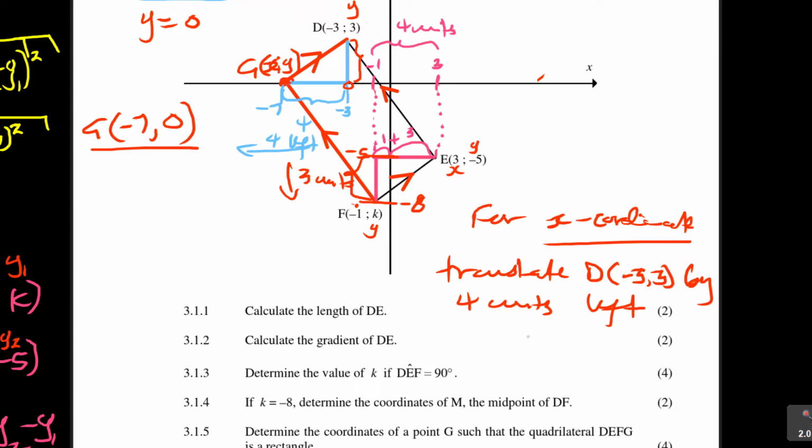Therefore x is equal to -3 minus 4, which is equal to -7.